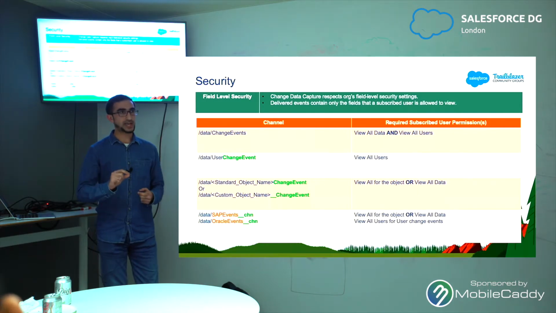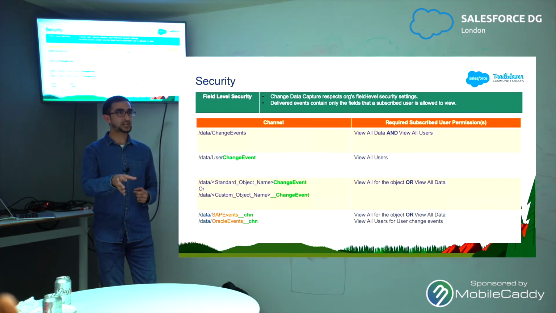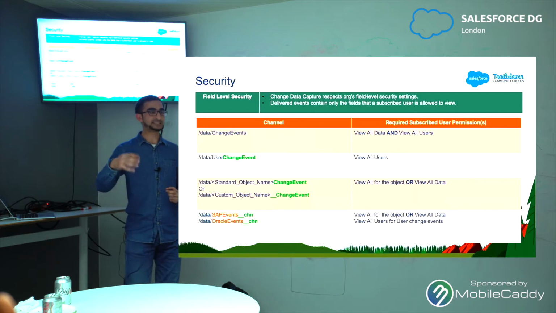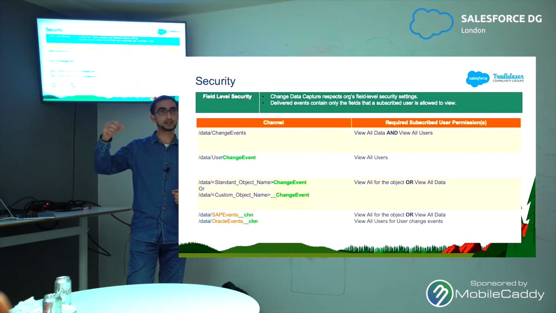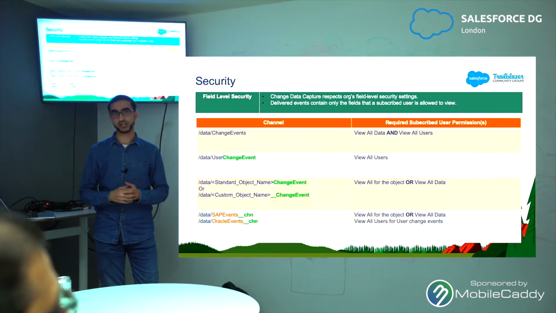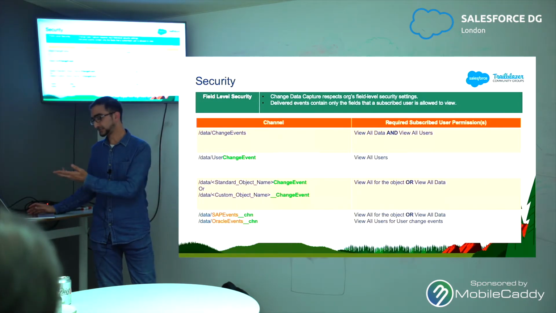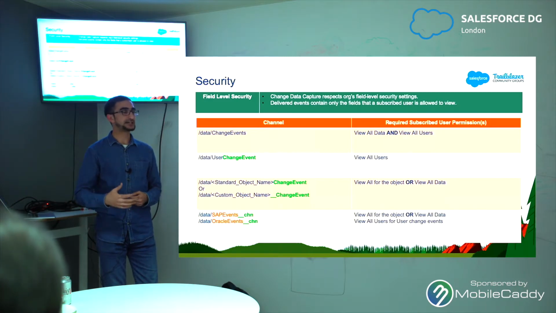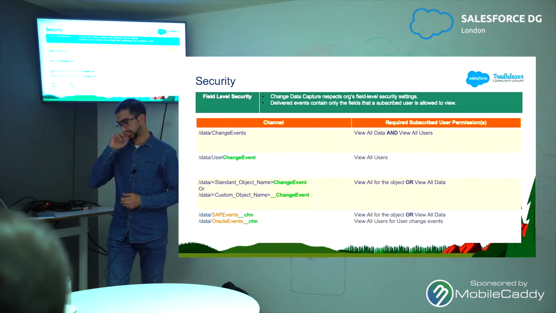Also, if you are subscribing to a specific object, then the subscribed user must have at least View All on that particular object. If you are subscribing to all objects, then the subscribed user must have View All Data permission in order to capture those change events. And the same goes for if you are subscribing to a user, then you must have View All Users permission.